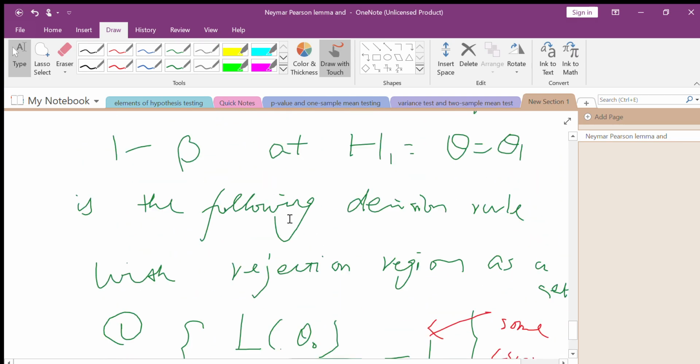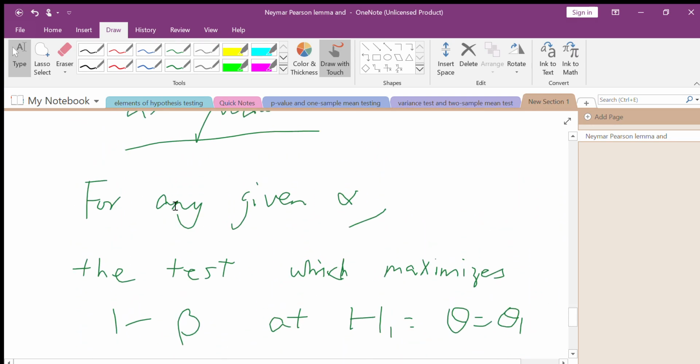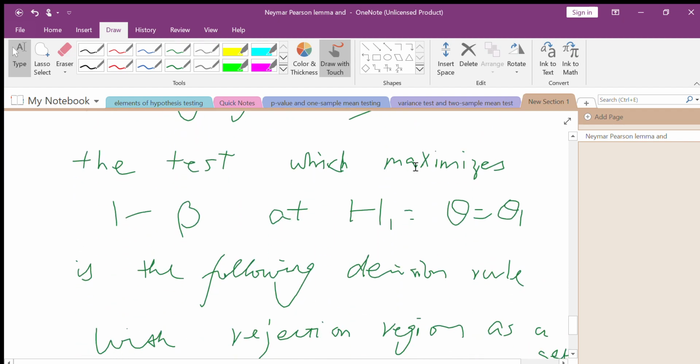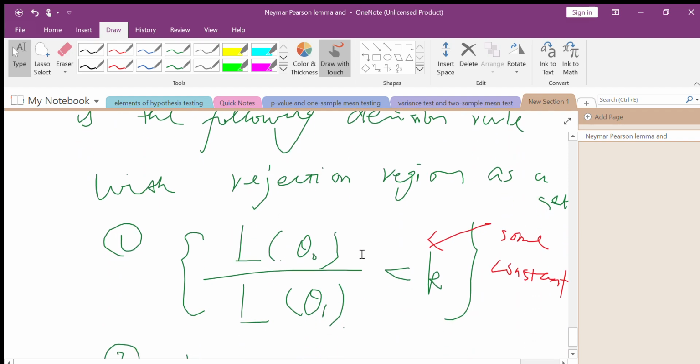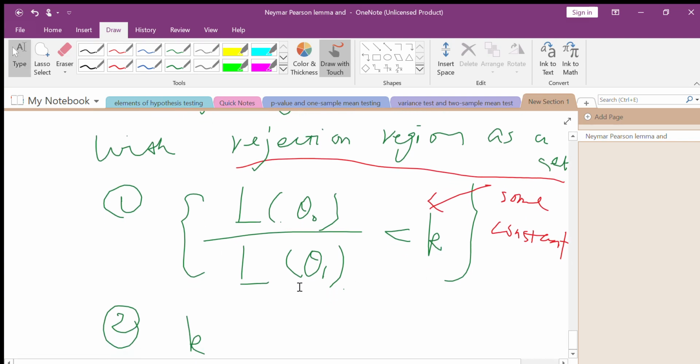The rejection region itself is a set, and this set representation is the first part of the lemma: the likelihood ratio less than k, where k is some constant. The next step is to determine k. Let's see how to determine k.